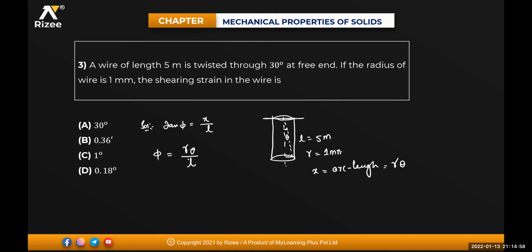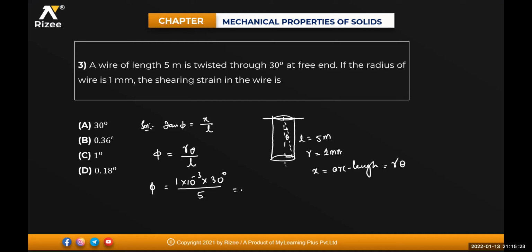Theta is the angle of twist, and phi is the angle of strain. Done, beta? So phi will be equal to: radius is 1 mm, so 1 into 10 power minus 3, and it is twisted by an angle of 30 degrees, divided by 5.